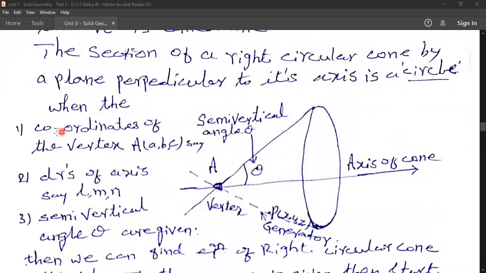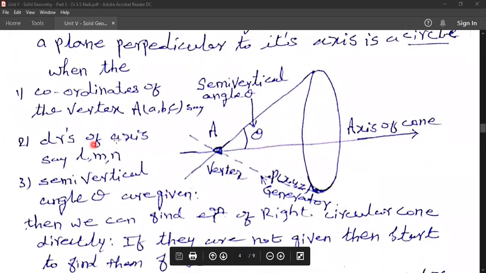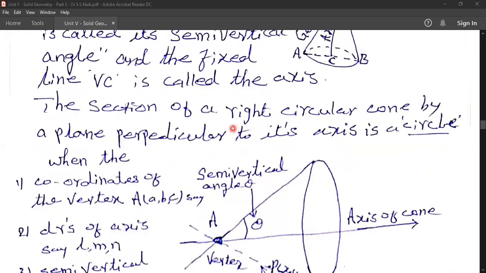Now, when the coordinates of the vertex ABC, the direction ratios of the axis LMN, and the semi-vertical angle are given, I have drawn both the cones.